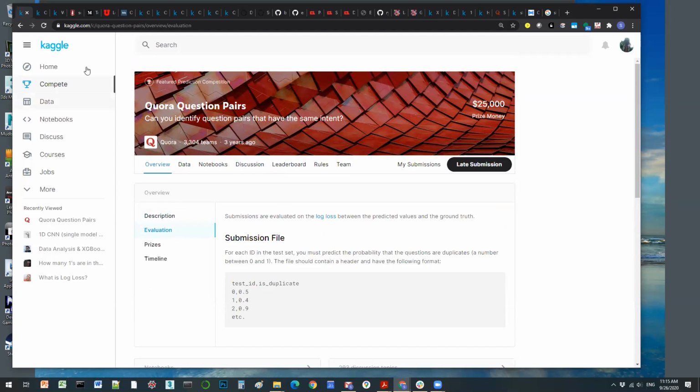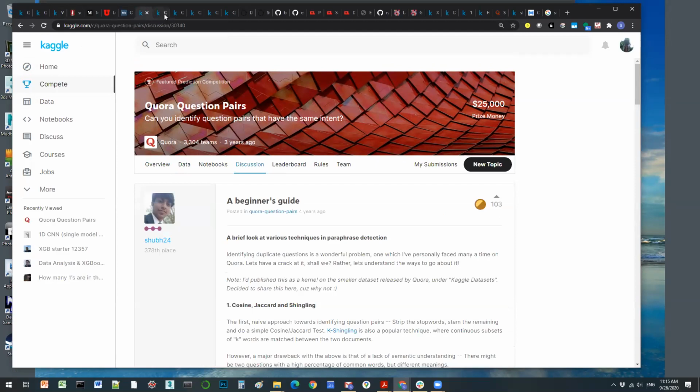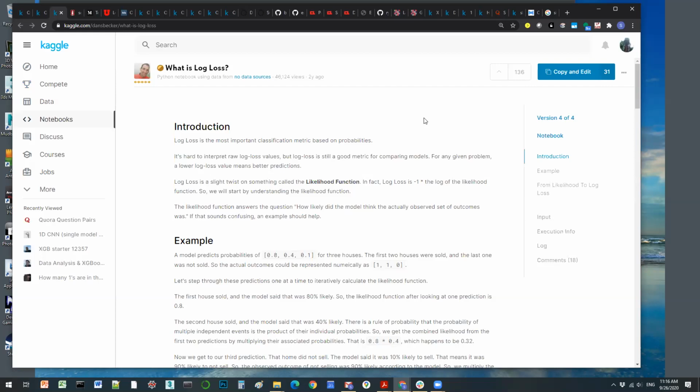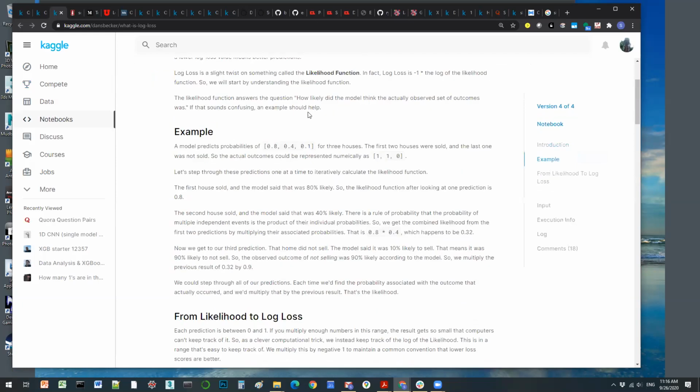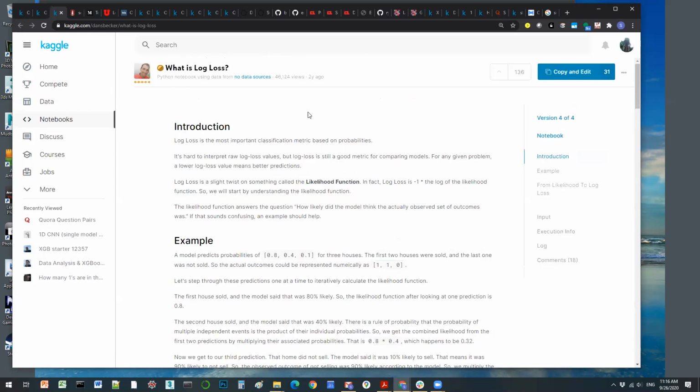It's a fairly simple metric, but in order to understand it, here is a link within Kaggle itself that explains log loss fairly well.